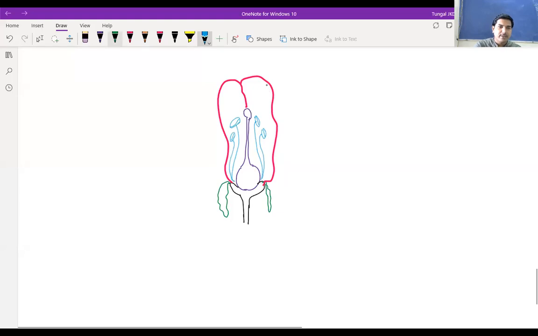Right, so this is a typical angiospermic plant.